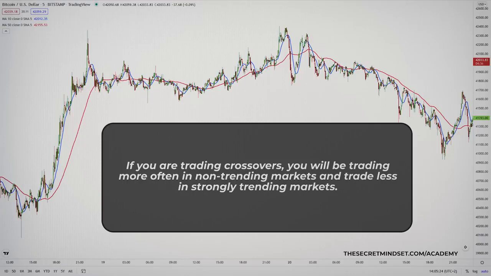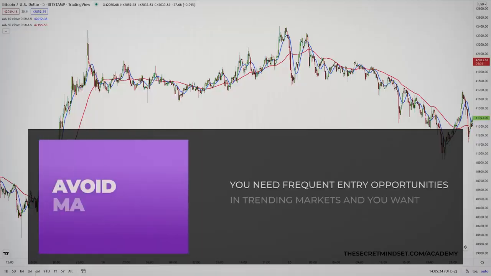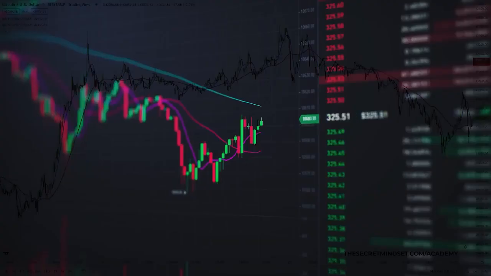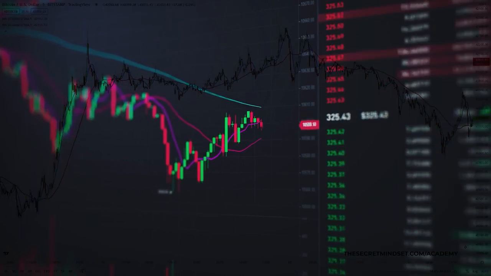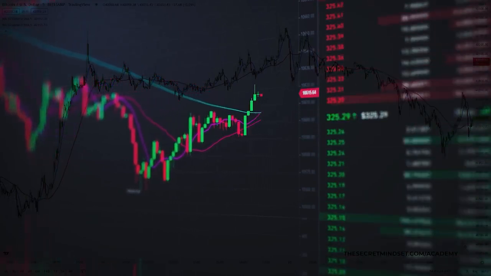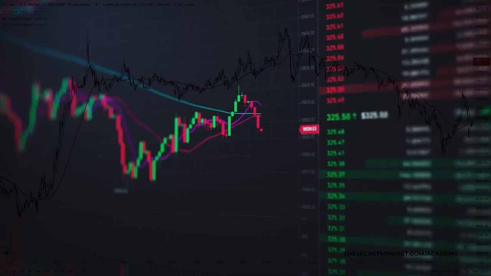Is that what you want? No, obviously. You want just the opposite. You want frequent entry opportunities in trending markets, and you want to avoid as many trades as possible in non-trending markets. With a little backtest, I'm sure you can design some reliable entry signals that are based on moving averages, but avoid the typical crossover signals.